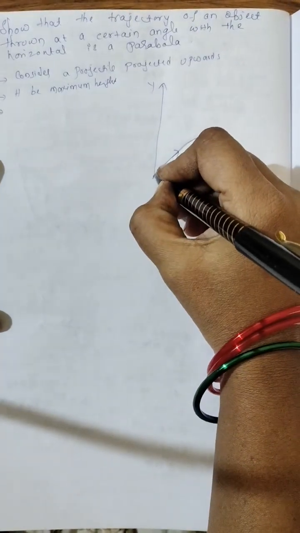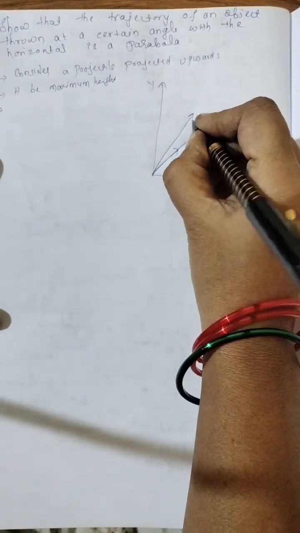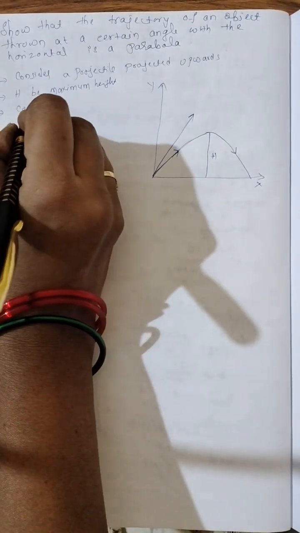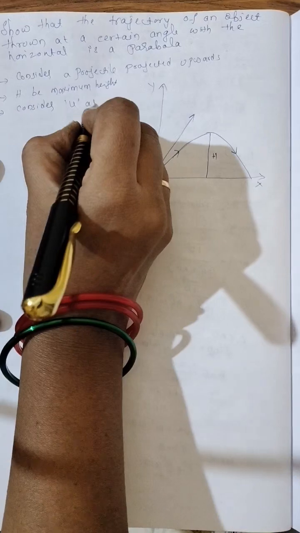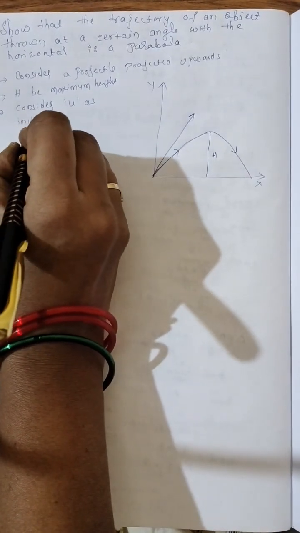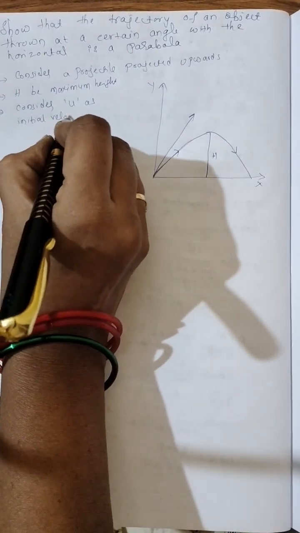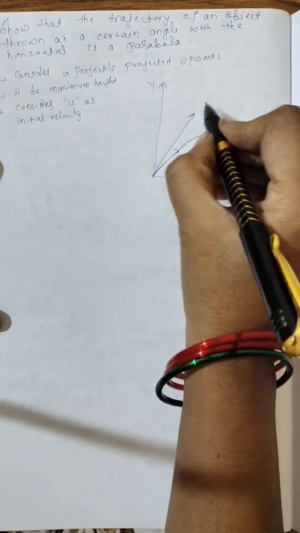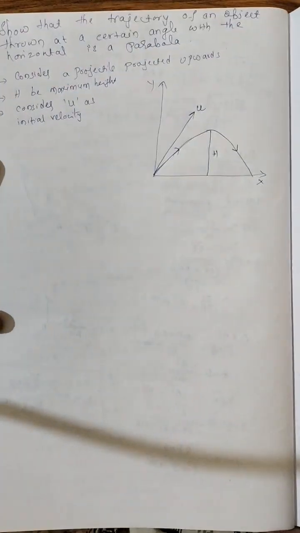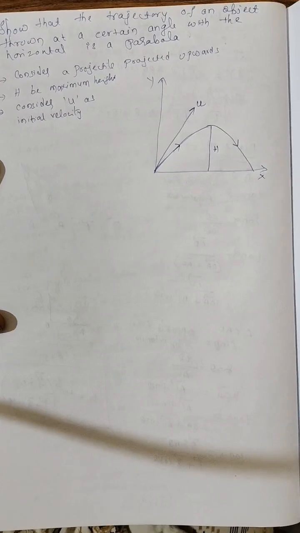Next, consider u as the initial velocity. You throw the projectile in the upward direction with u as the initial velocity.